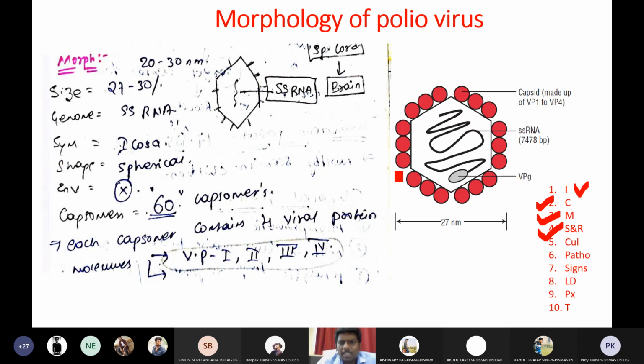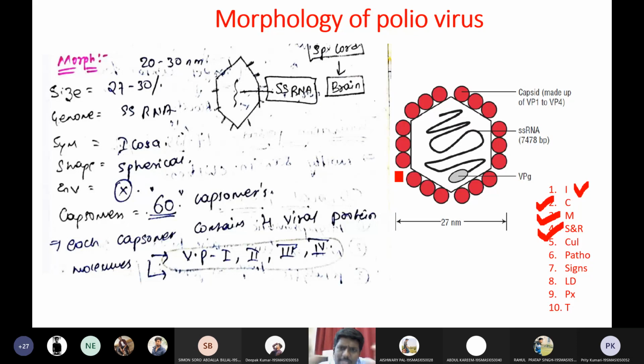From the classification itself, we understood this virus may be resistant to an acidic environment, because we saw that this virus spreads through contaminated food. Whenever we eat food, it goes directly to the stomach. In the stomach we have acids, but the virus is not destroyed by them.